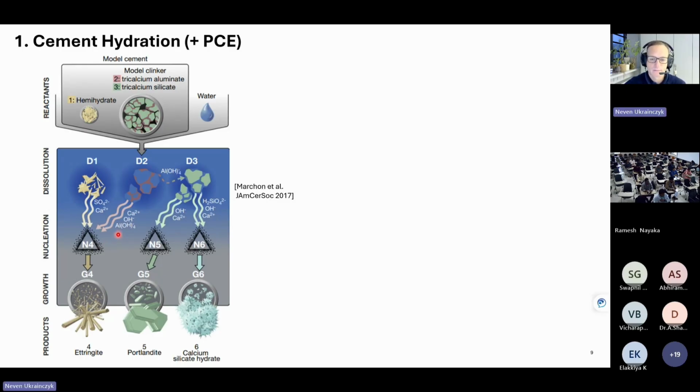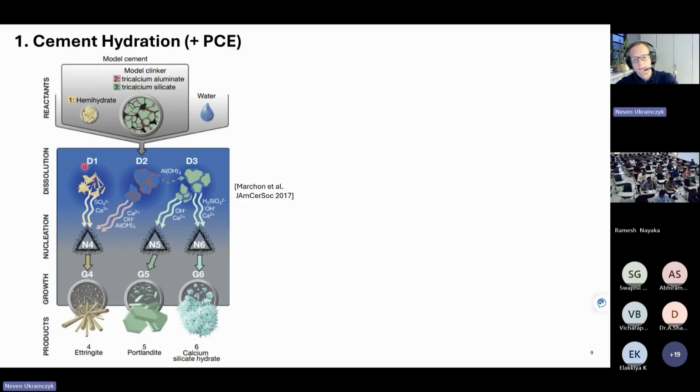It's called precipitation of the hydration products, like for example portlandite crystals. We have the calcium silicate hydrate gel. This is the main one, it's called CSH, or CASH if you have aluminate phases, a lot of alumina inside. And we have the ettringite, so this is the aluminate hydration product.